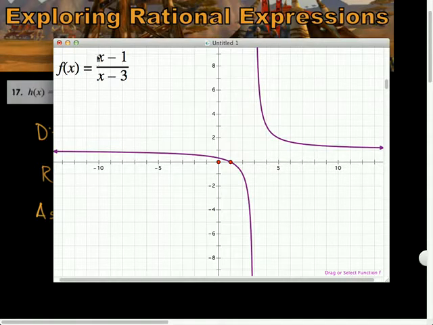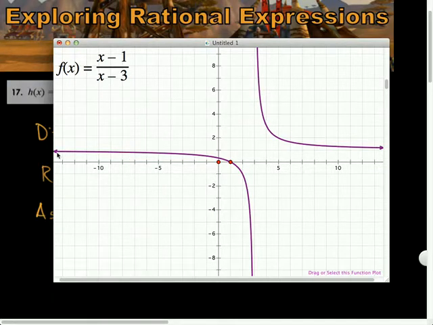Now think about really, really big values of x, like a billion. If I'm comparing a billion minus 1 to a billion minus 3, that's kind of like just 1, right? A billion over a billion kind of simplifies to 1-ish. And that's what we're seeing. The bigger the values are, the less influence this minus 1 and this minus 3 have. They're kind of like, let's not even fight anymore. We're all super filthy rich, right?